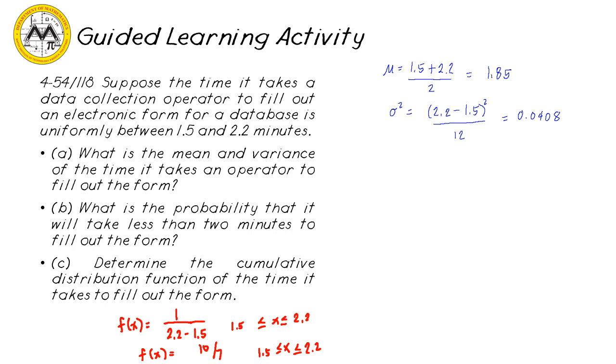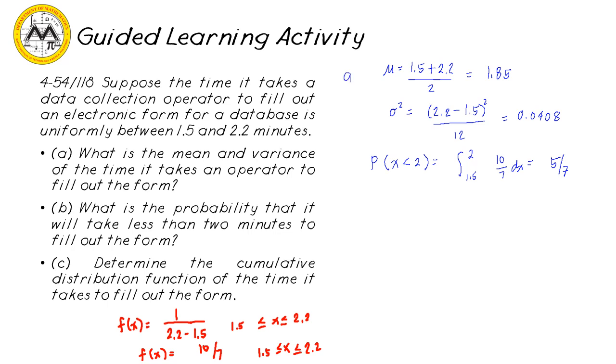And the probability that it will take less than 2 minutes, so the probability that x is less than 2, is equal to the integral from 1.5 to 2 of 10 over 7 dx. So this is 5 over 7.